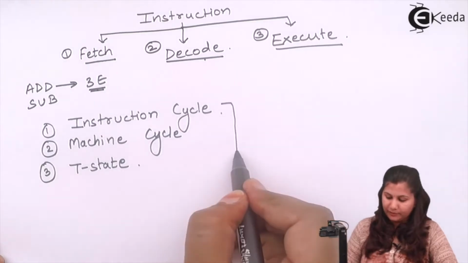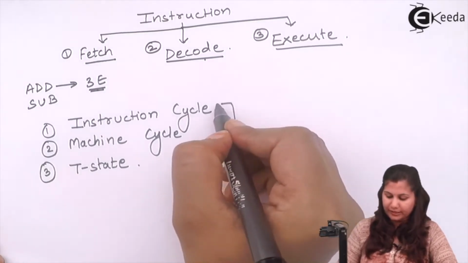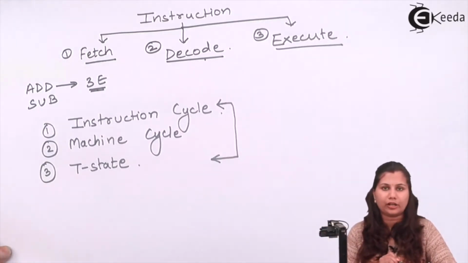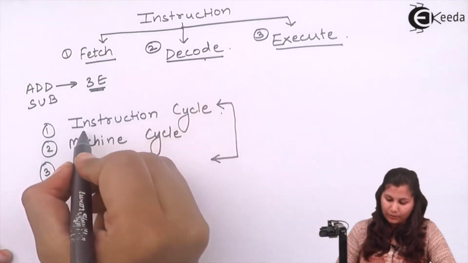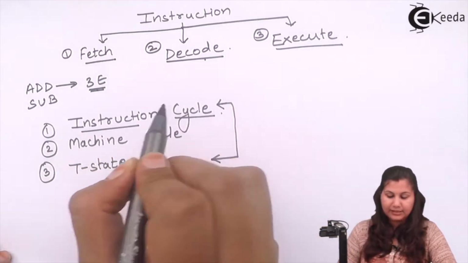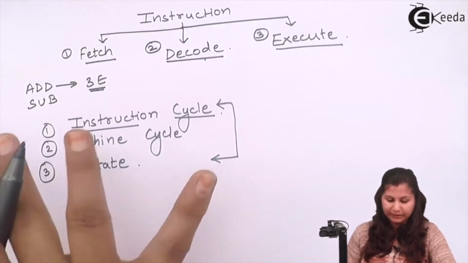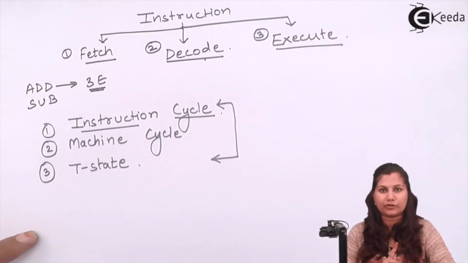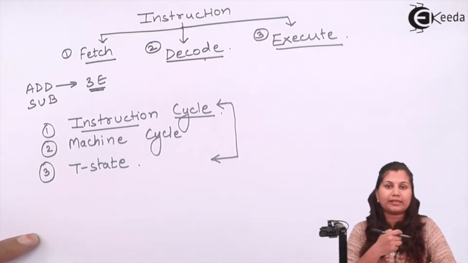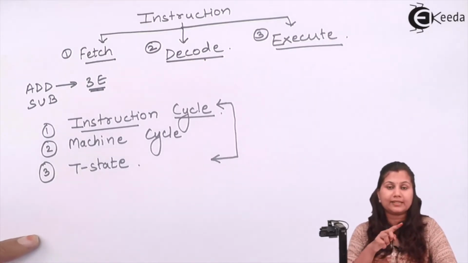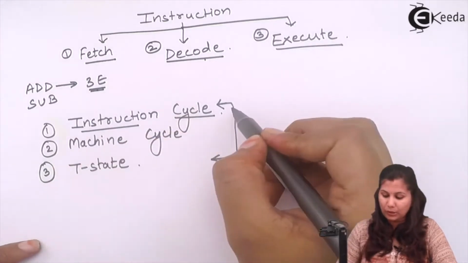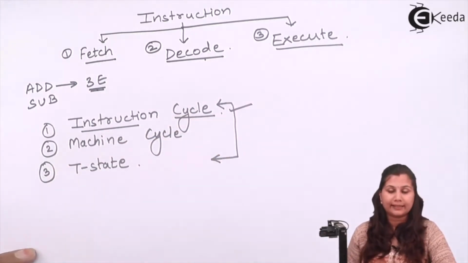These are the three terms which are used in the execution of instructions. Now, instruction cycle means the time taken by the microprocessor to complete the execution of one instruction. The time which the microprocessor takes to complete the execution of one instruction is called the instruction cycle.